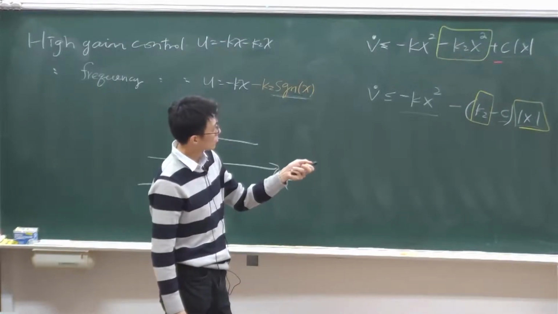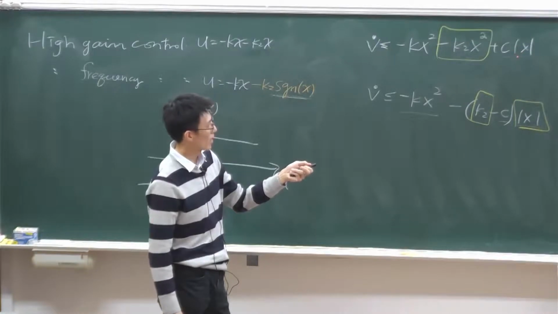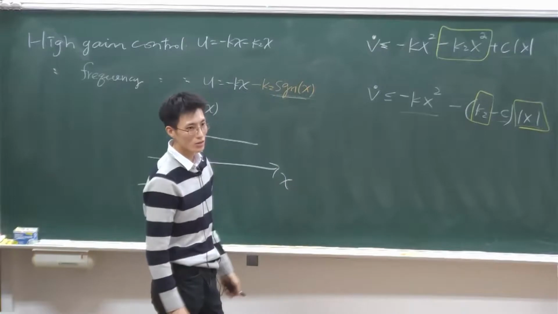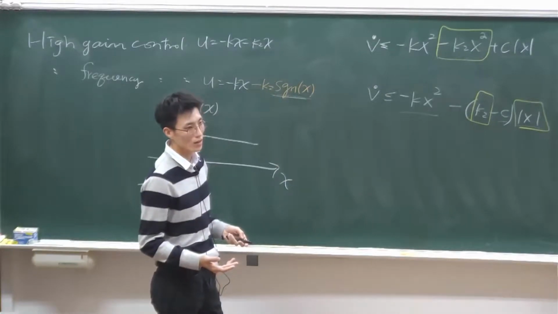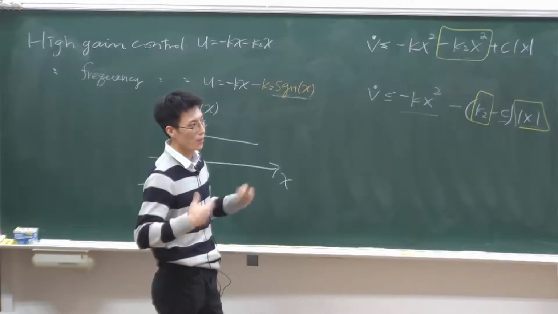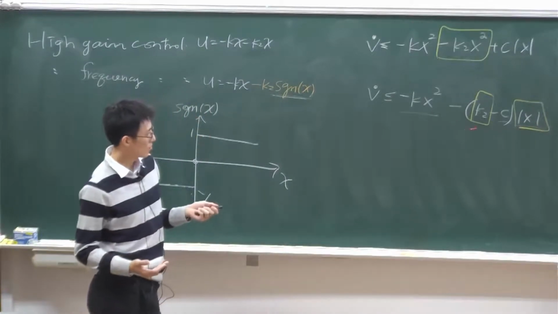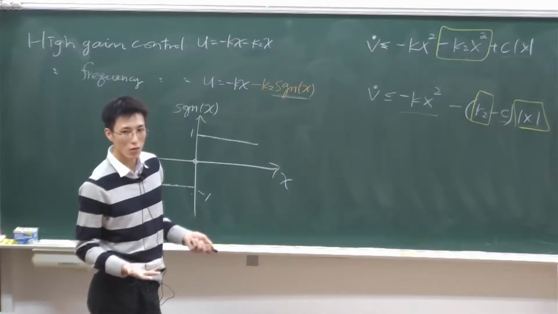Now you can put this into a bracket. In here you cannot put it squared; here it's just the absolute value of X. You cannot simply combine the two, so you need to complete the square, and that results in a positive constant. But here there is no positive constant. As long as you guarantee K2 is greater than C, this is negative, and that is what you want.